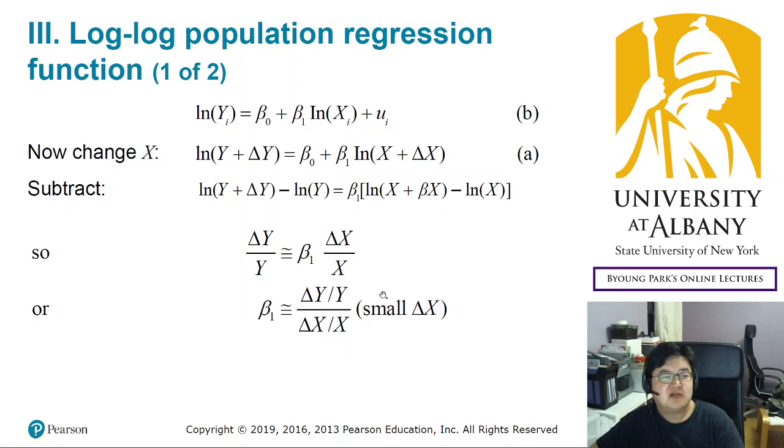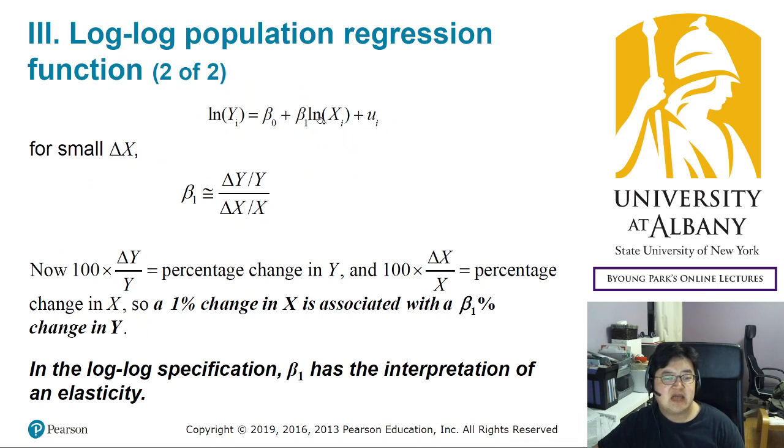And the next model is the log-log model. In the end, it is easier because we explained what's going on, and as a result, I will leave it to your exercise. Beta 1 can be interpreted as follows: when log x increases by 1 unit, log of y increases by beta 1 unit.